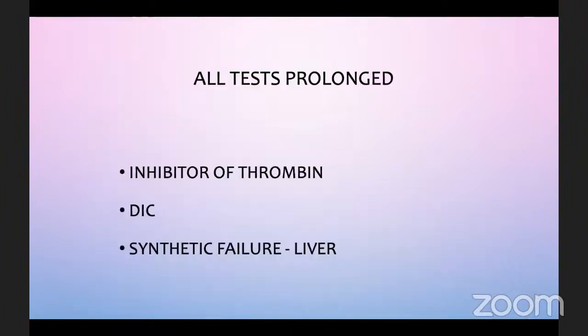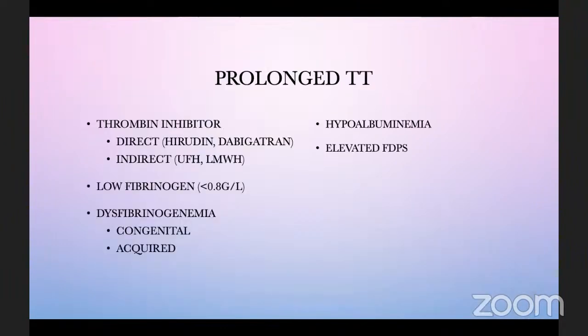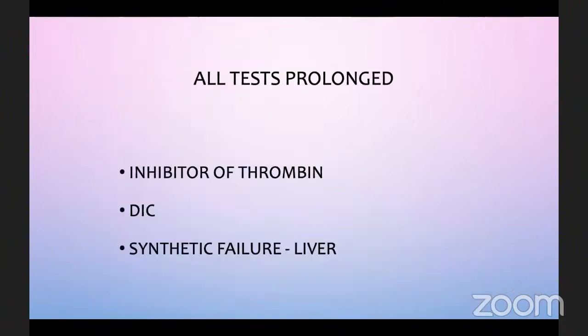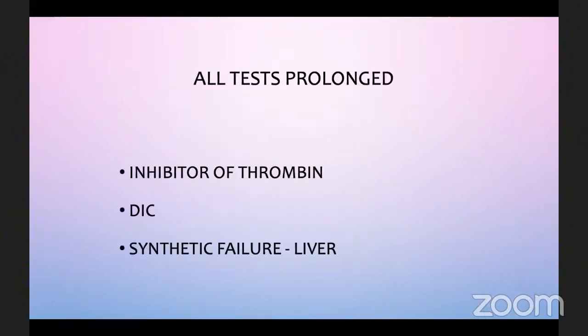All right, and if you have everything prolonged, meaning that your PT, APTT, as well as your thrombin time are prolonged, then most often than not, it is because of an inhibitor of thrombin, or if you are in consumptive coagulopathy, whereby you've used up everything per se, or if it is failure of synthesis. Usually when you have a patient with very severe liver dysfunction, by this stage, probably they're already in chart C.